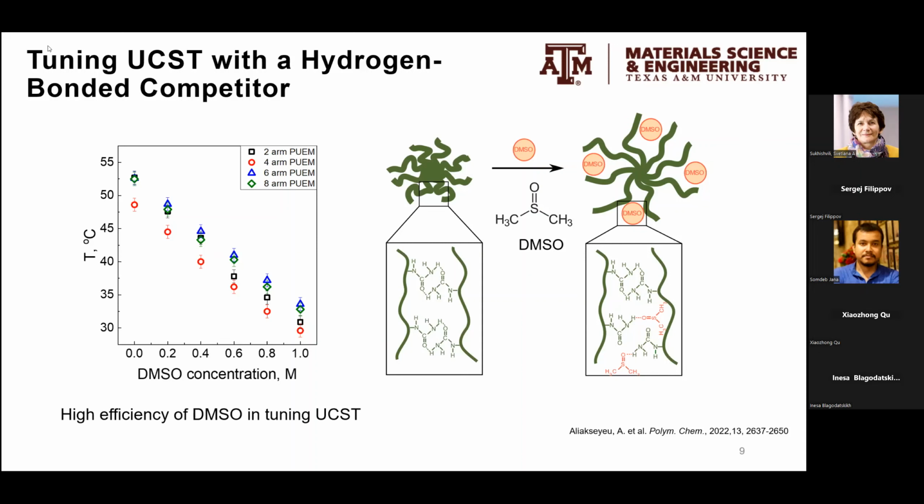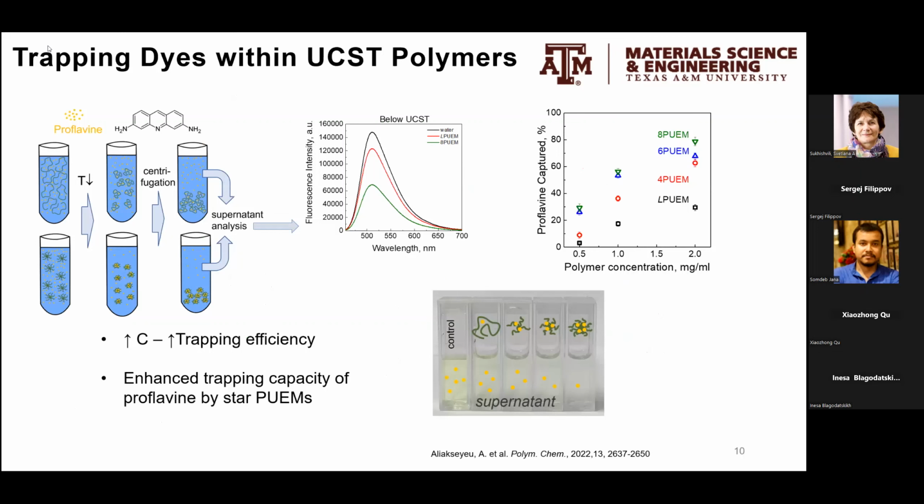So finally, we thought that the stars should be good for something. And we started the capture of different drugs or model drugs or dyes within the core. And here is proflavine. It's a dye which we use as a model dye, which is easy to track using fluorescence.